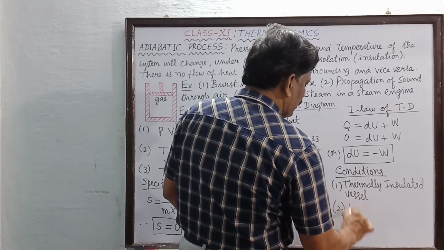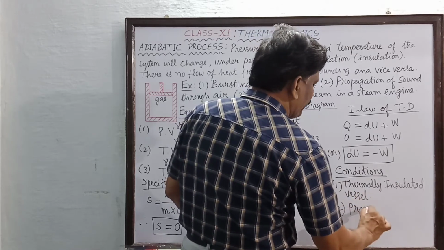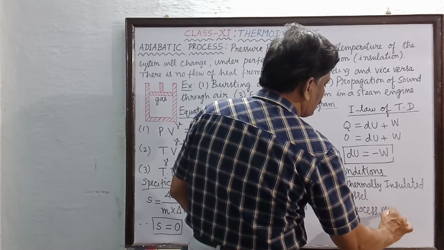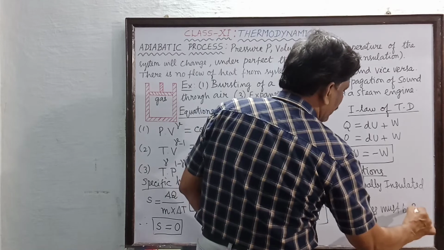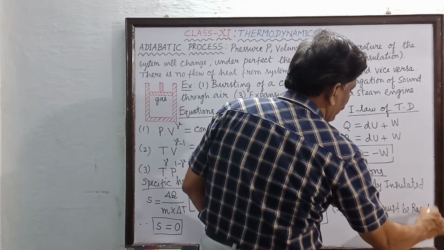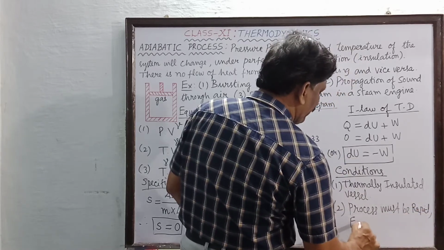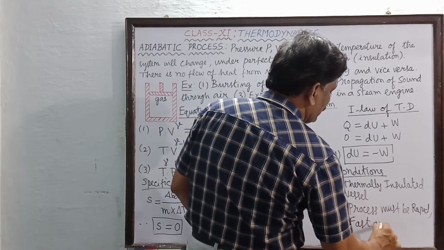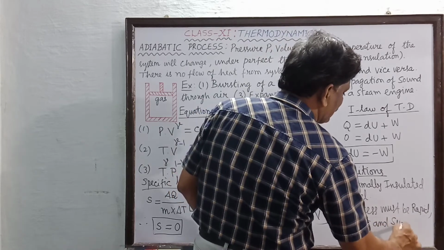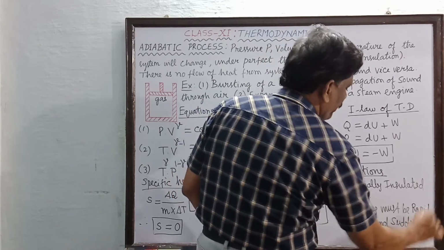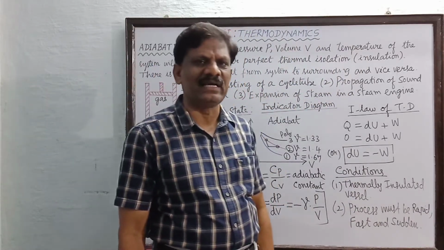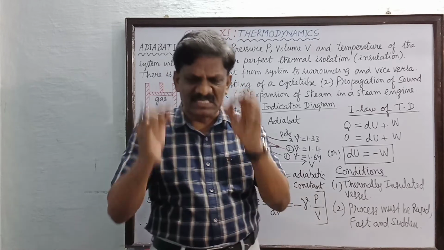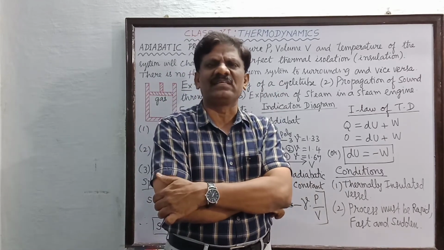And the process should be very fast. Process must be rapid, that means fast. You can also use the word sudden process. Whereas we have studied isothermal as a slow process, whereas adiabatic process must be a sudden and rapid process.